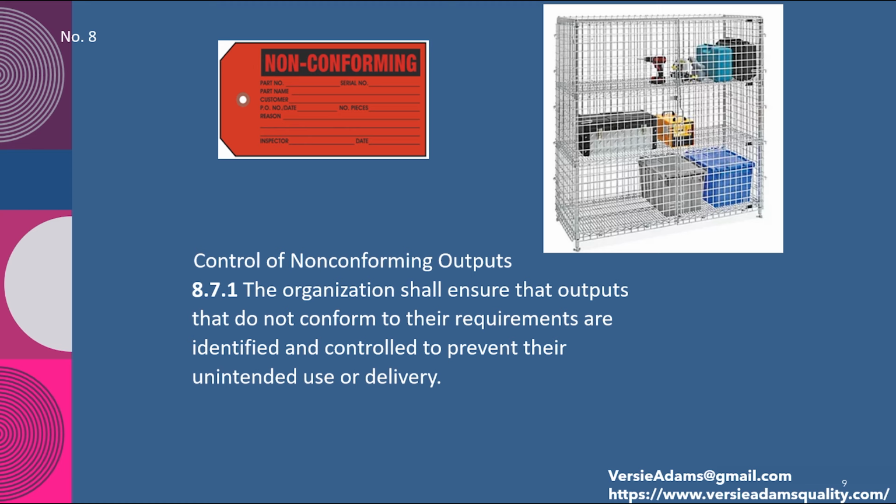We need to know what's wrong with the product, why it's in the cage, reference numbers, how many, and all that. So we need to identify the product when it goes into the MRB cage, the room, the shelf, the cabinet, wherever you are housing your non-conforming product. If you don't do that, that's going to be a finding, and that's typically where I'm finding these issues in the area of 8.7.1, control of non-conforming outputs.